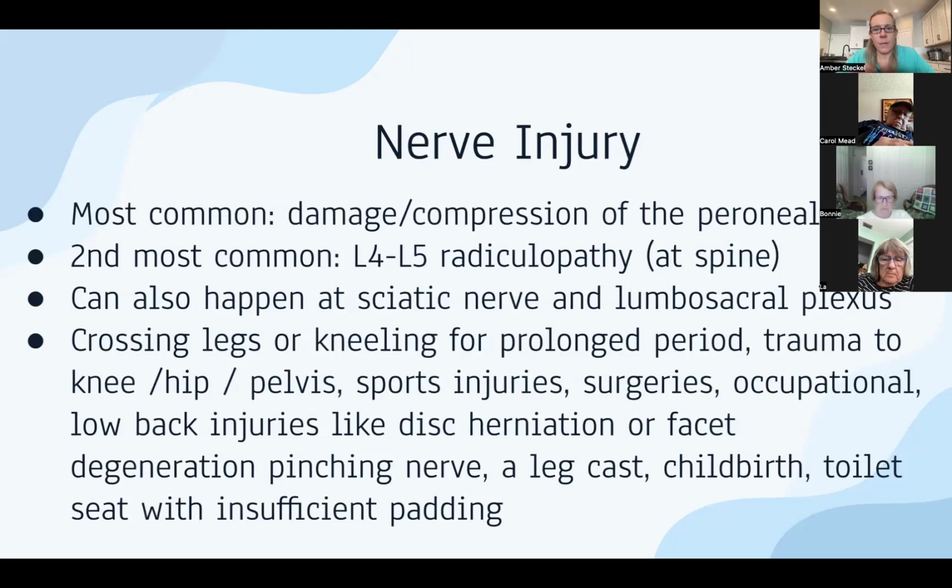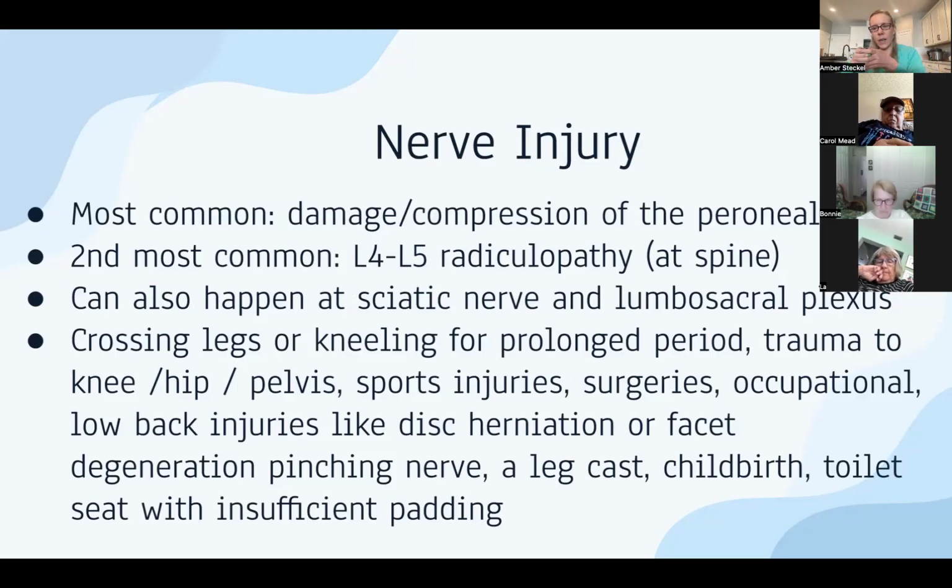So the most common nerve injury is damage to the peroneal nerve, which would be up at your shin, just on the side of your shin. The second most common is at the L4-5 level of your spine, if the L4 or L5 nerve root are getting compressed, for example, by a disc herniation, or your facet joint is deteriorating, or there's stenosis of some sort.